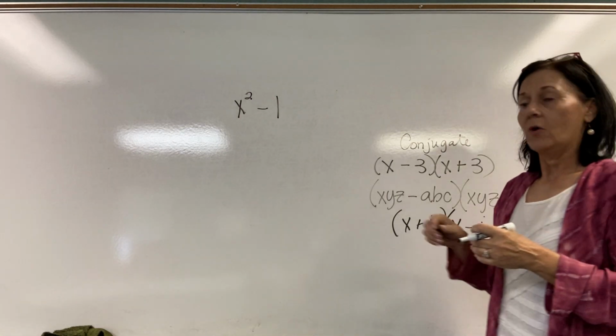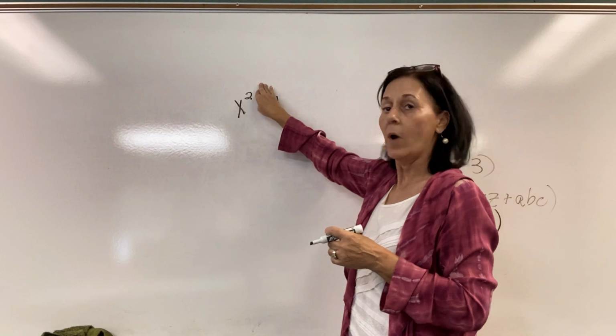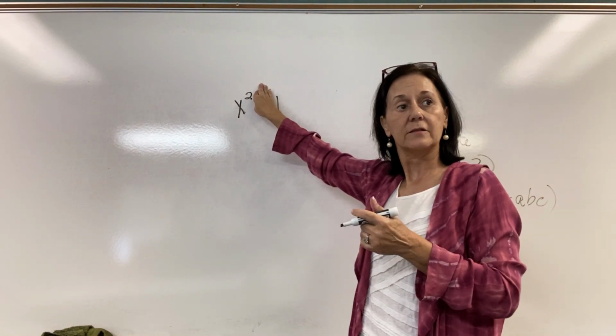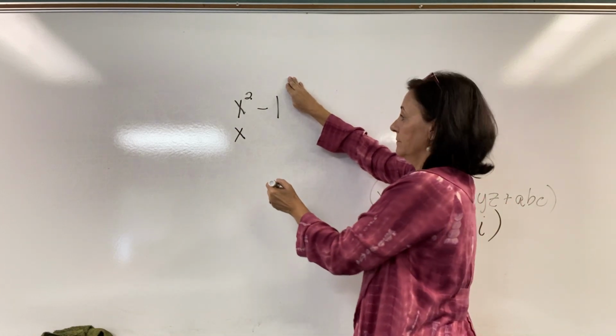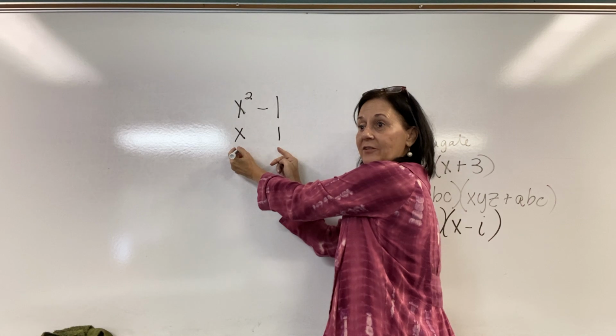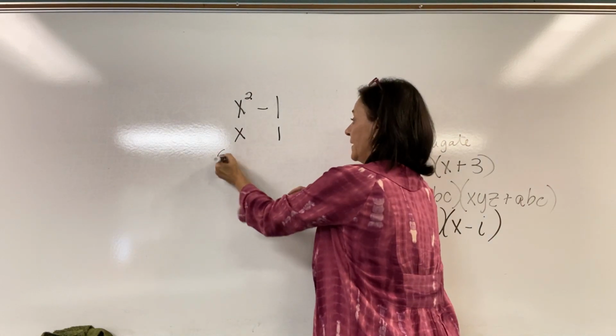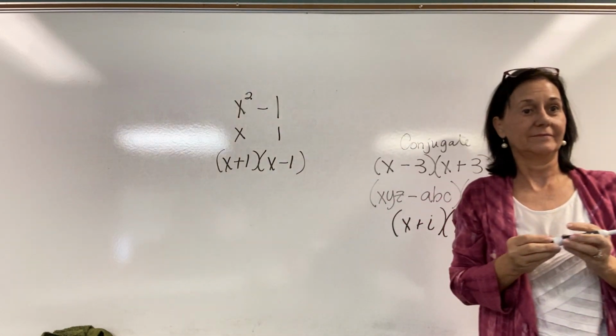All right, so to determine the factors, you ask yourself, what's the square root of x squared? x. What's the square root of 1? So these two numbers are going to be in my factors. It's just going to be plus and minus. It's going to be x plus 1 times x minus 1.